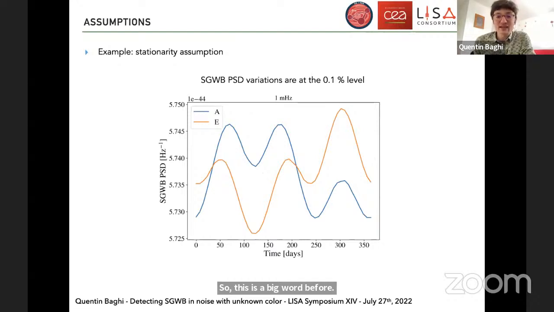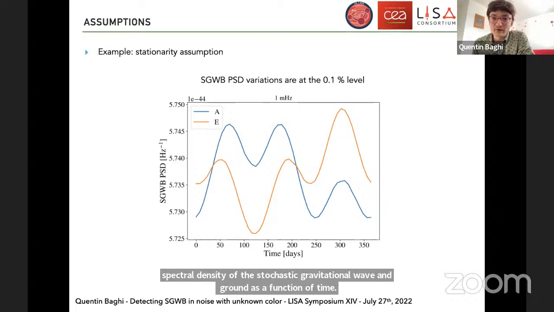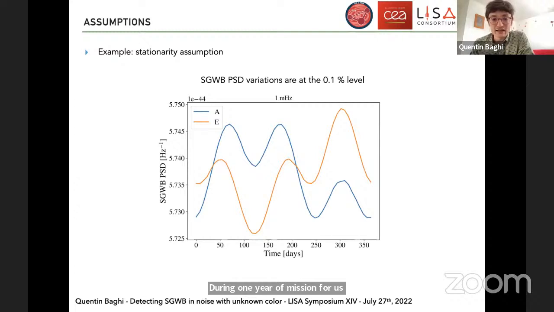So just to give examples about these assumptions, here is the stationary assumption. Variations of the power spectral density of the stochastic gravitational wave background as a function of time during 1 year of mission for the TDI variables A and E. So these variations are 1 part in 1,000.